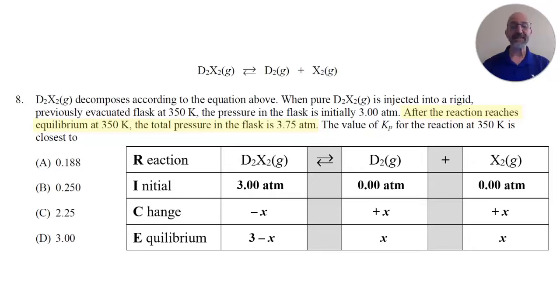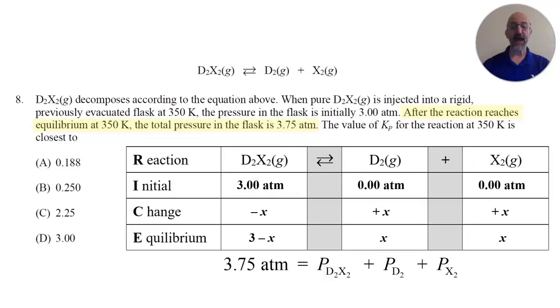So 3.75 atmospheres represents the sum of the partial pressures of all 3 gases that are present in the reaction vessel at equilibrium. So the partial pressure of D2X2 plus the partial pressure of D2 plus the partial pressure of X2 is equal to 3.75 atmospheres.